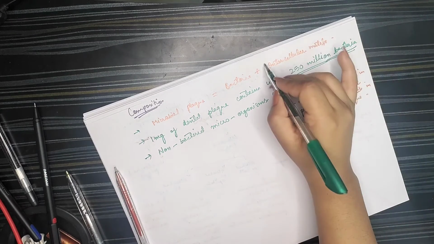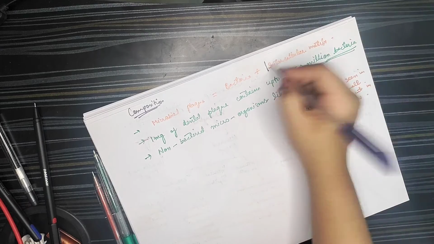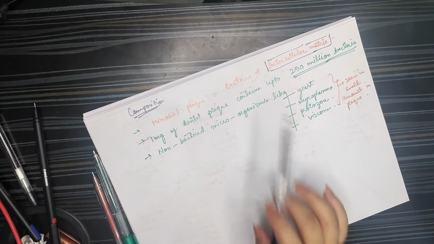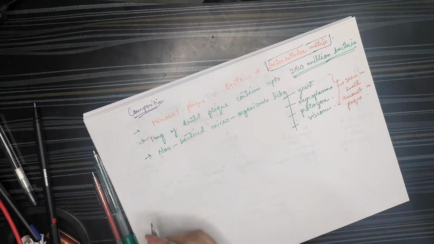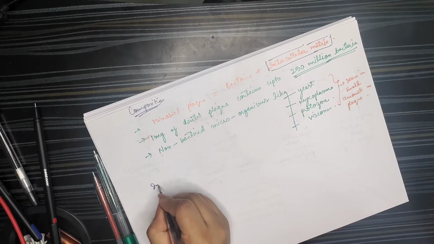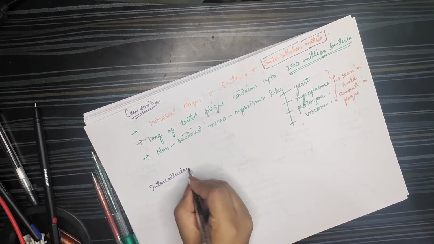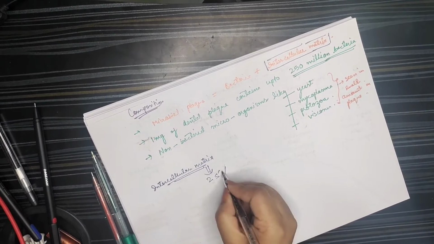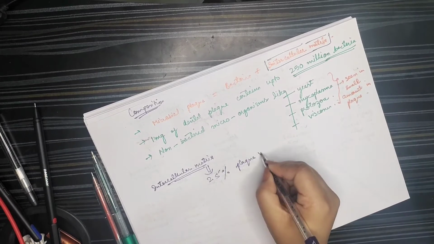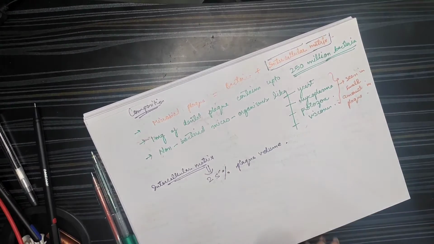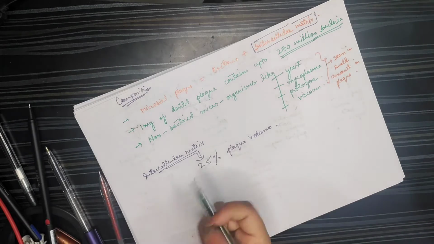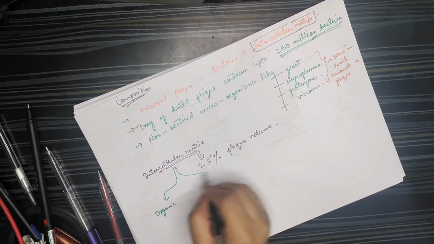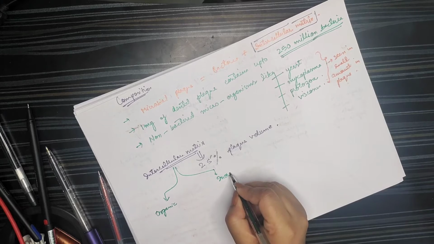Now this intercellular matrix accounts for 25% of plaque volume. And what is inside this intercellular matrix is some organic materials and some inorganic materials.